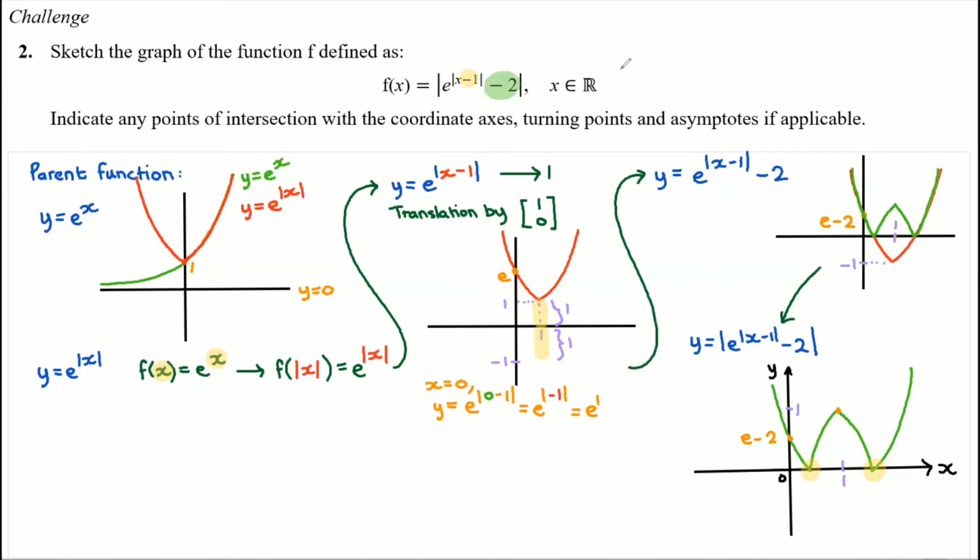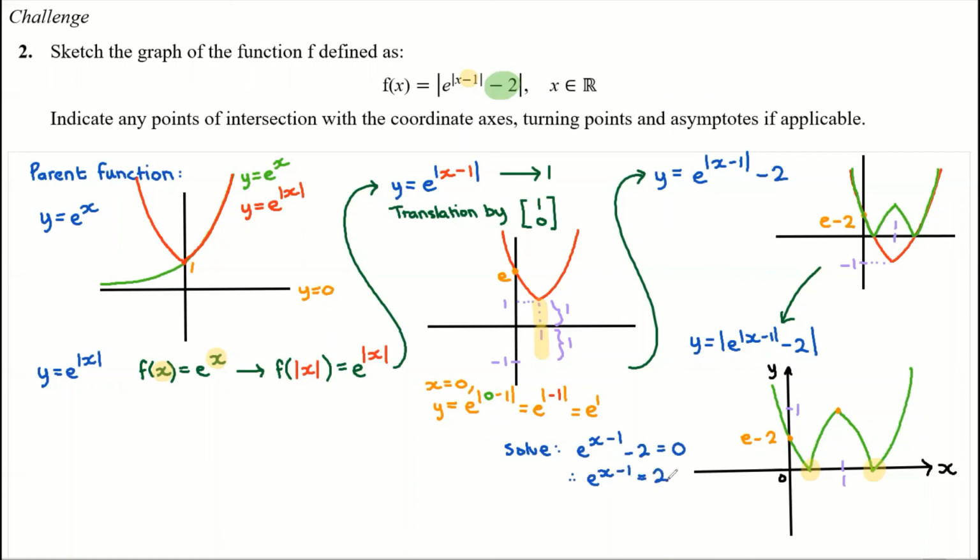So I'm going to solve the equation and I'll explain why. e^(x-1) - 2 = 0. Okay, and then we can do a bit of graphical reasoning. So what that means is, of course, that e^(x-1) must equal 2.